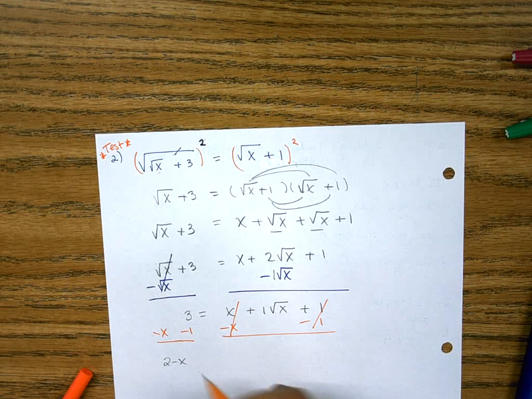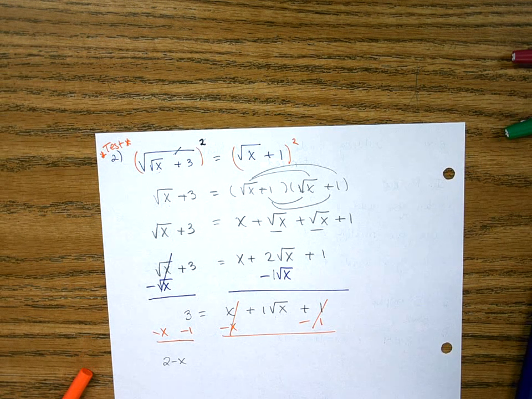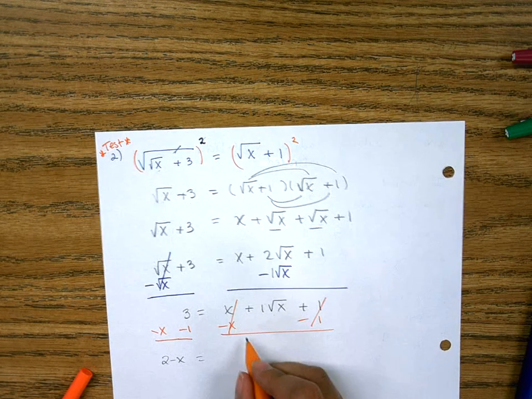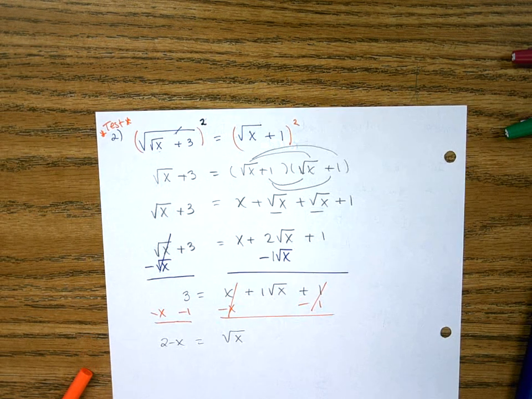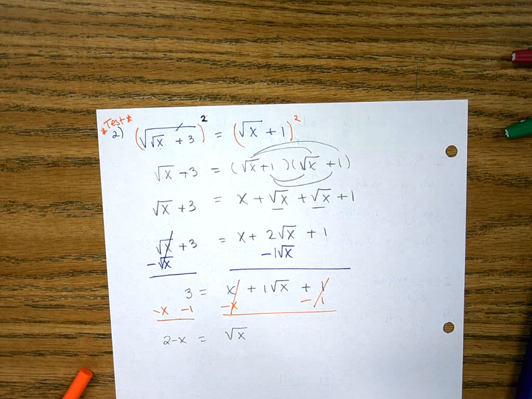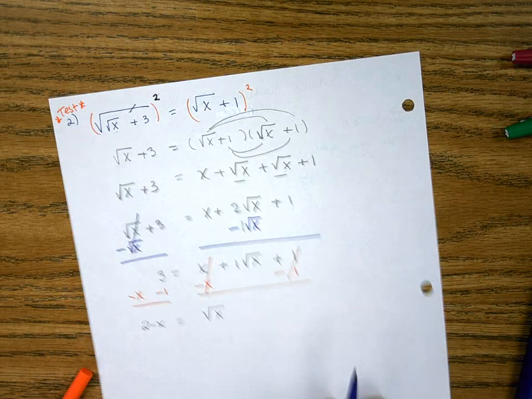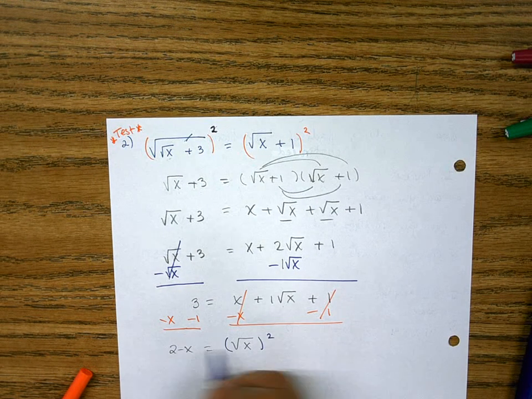How you write this is up to you. You can put negative x plus 2 or 2 minus x. I'm going to put it as 2 minus x equals root x is what I'm left with. You can write it as 1 root x if you choose to. I'm going to leave it as root x. Now I've isolated.